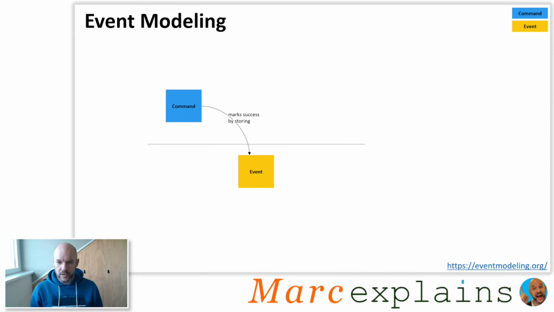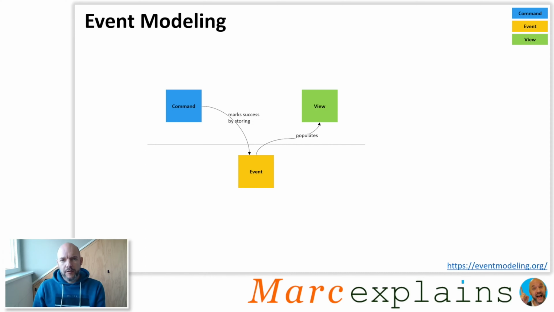An event is an orange box, an orange square. And then events populate a view or a projection or a query store. So this is the general way of modeling events and commands and views. You can find out more on eventmodeling.org.